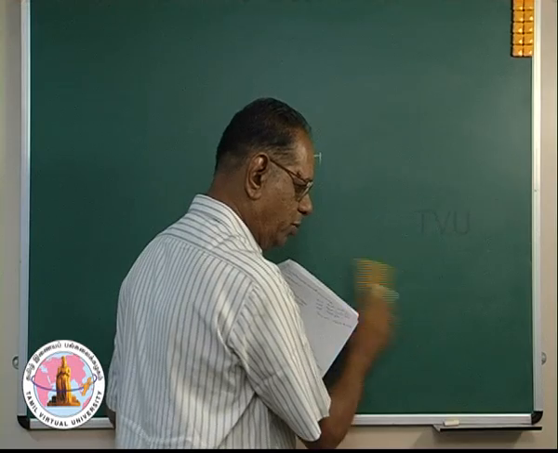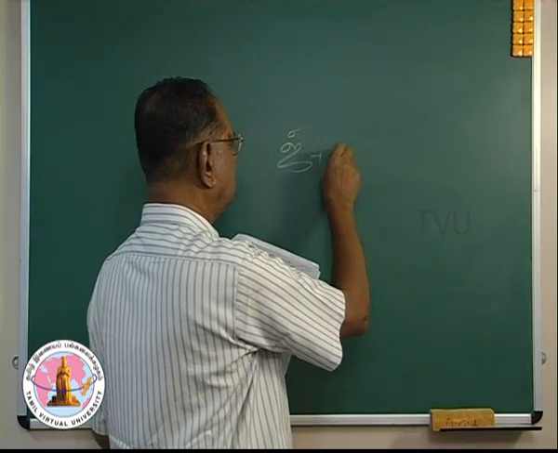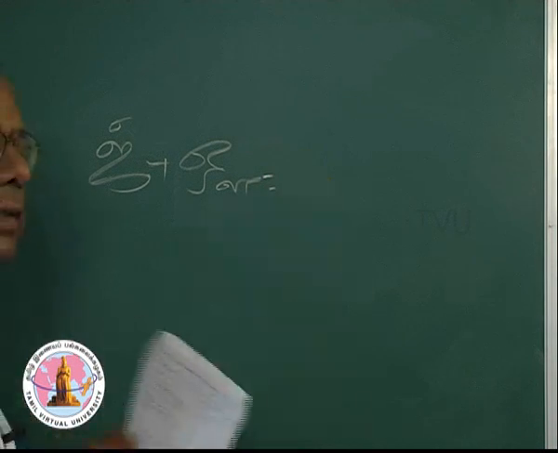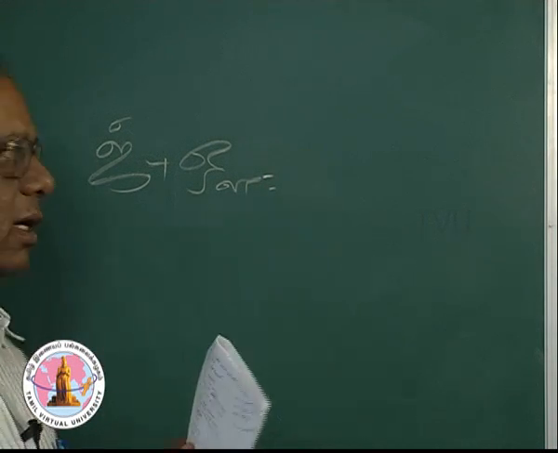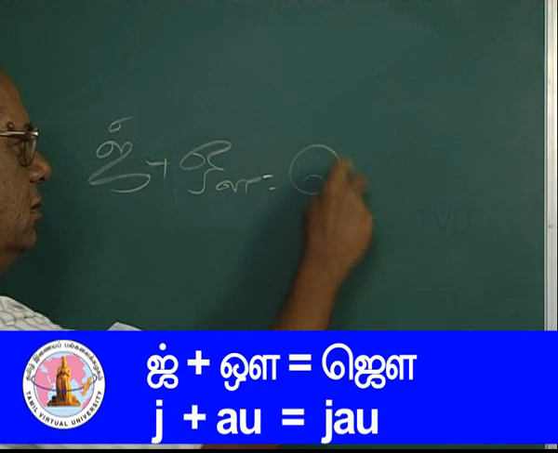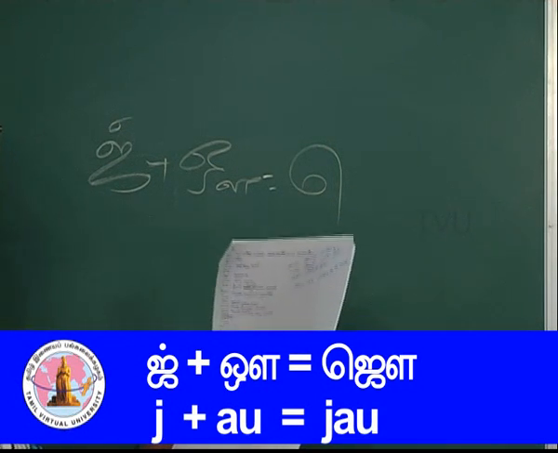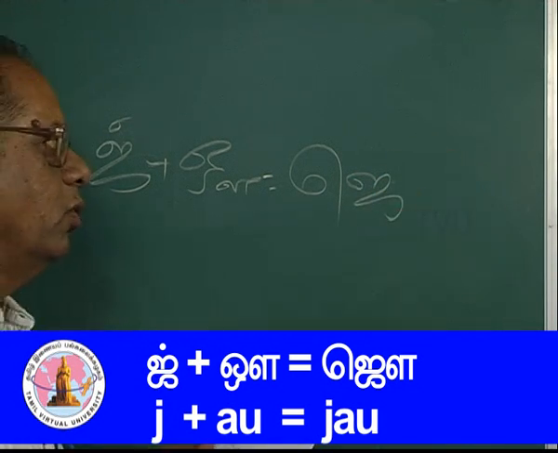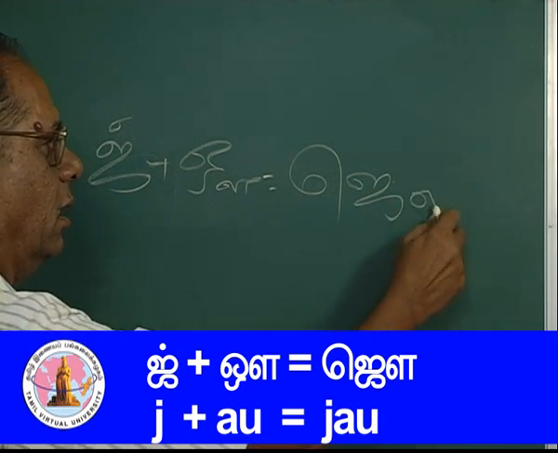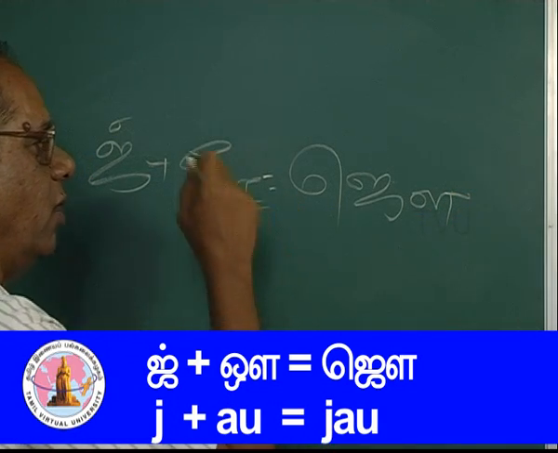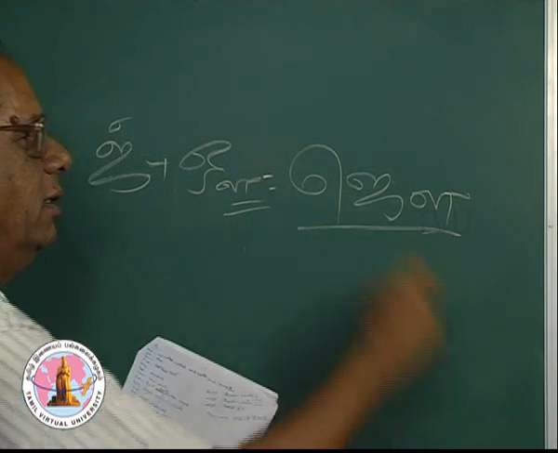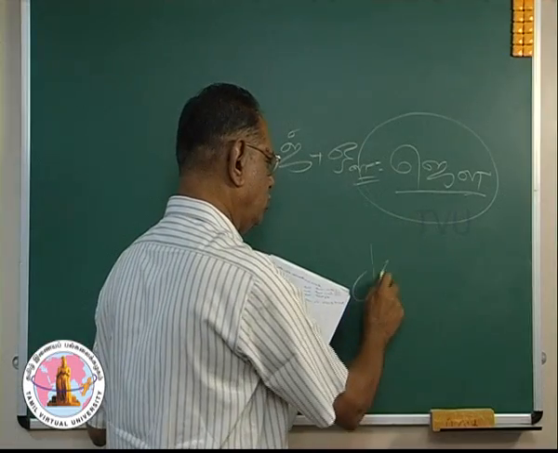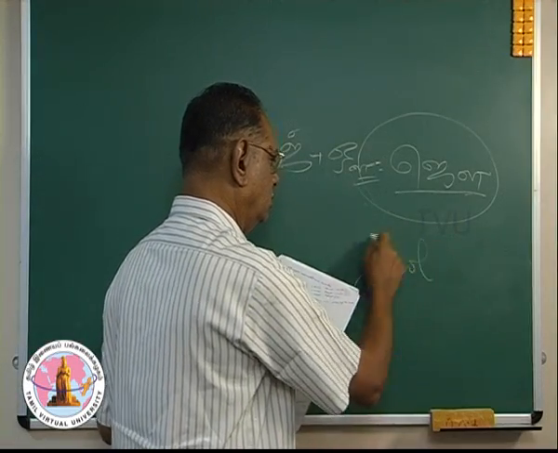The last vowel to be added to this consonant is ow, and there is no change in the marker. It takes the A marker, the consonant follows, and then the marker of ow is put at the end. Together they make jow, as you have in jowl.